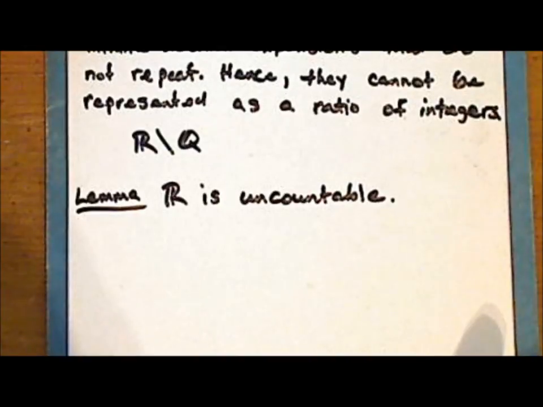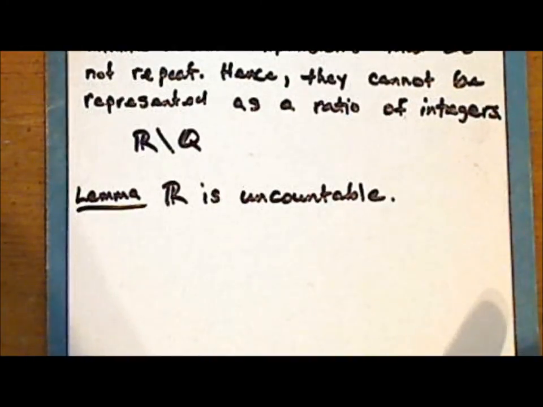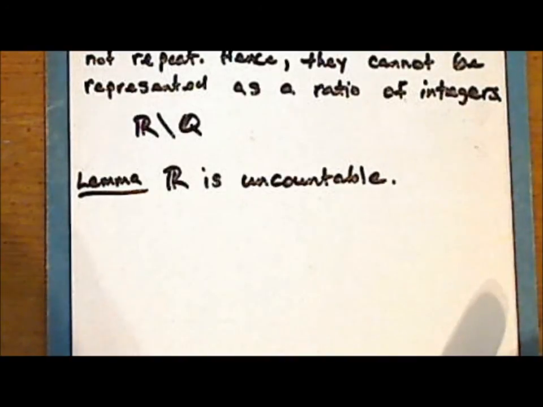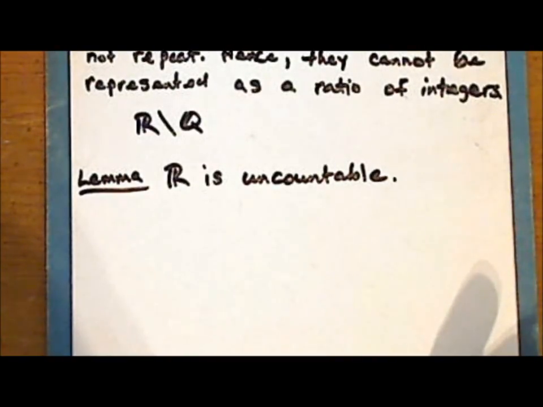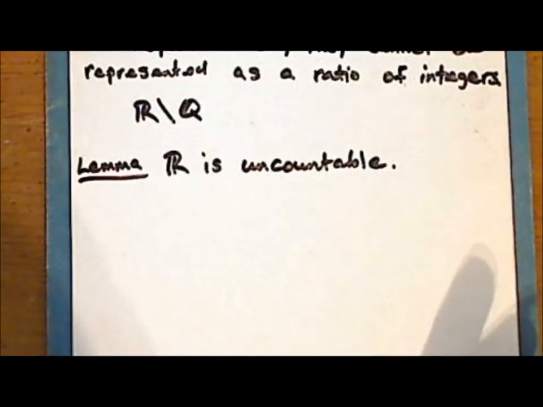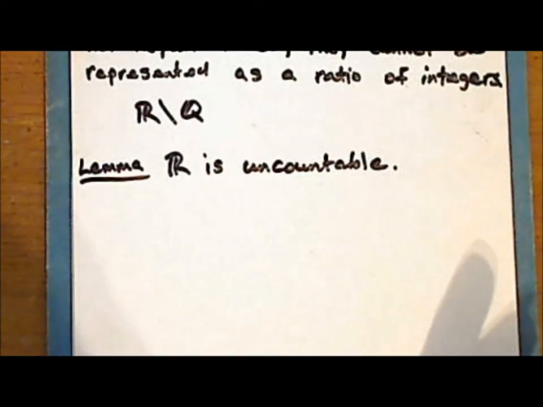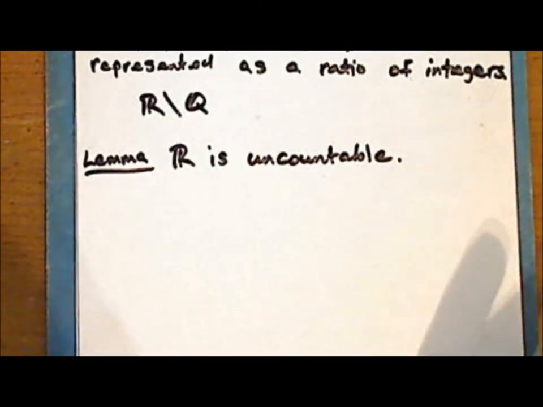Georg Cantor first proved that the real numbers were uncountable in the decade of the 1840s, but he later came up with what we are now going to use, again known as Cantor's diagonal argument, which to me is much more elegant as it is a very simple idea. And that idea is that if a set contains, as a subset, an uncountable set, then the larger set itself must be uncountable.